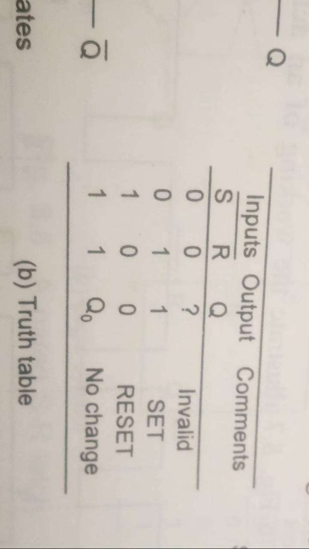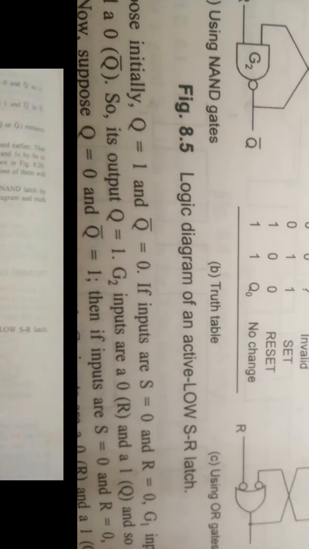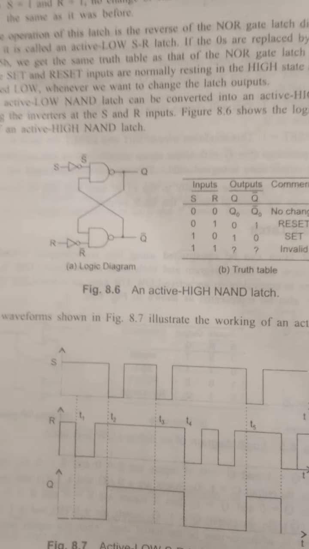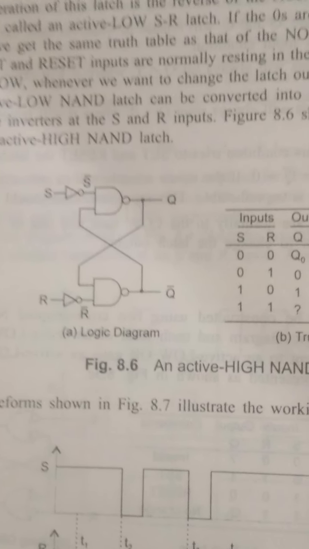And in it the set and reset inputs are normally resting in the high state and one of them will be pushed low. So active low NAND latch यदि हम ड्रॉ करते हैं, this is the active low NAND latch.